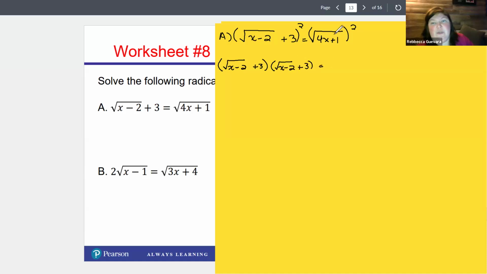And that's going to be equal to, because this one's isolated, squaring this isolated radical is just going to leave me with the radicand. So we're going to have 4x plus 1. If I distribute on this side, this times this is going to be x minus 2 squared. Then we're going to end up with 6 times the square root of x minus 2, and then plus 9. Like I said, that's just me expanding this.